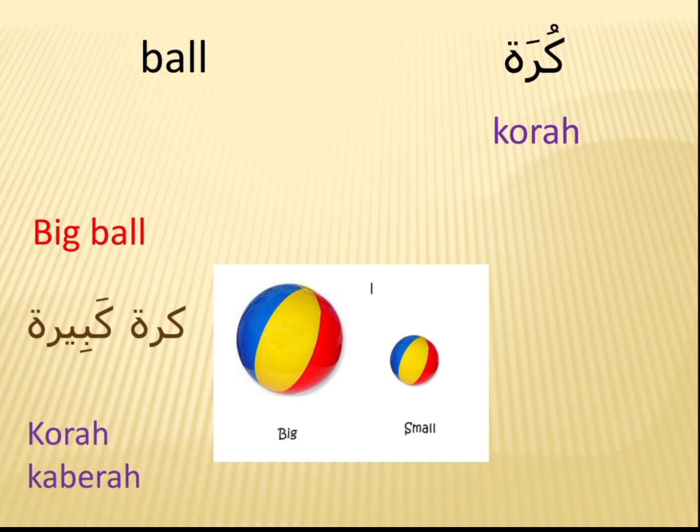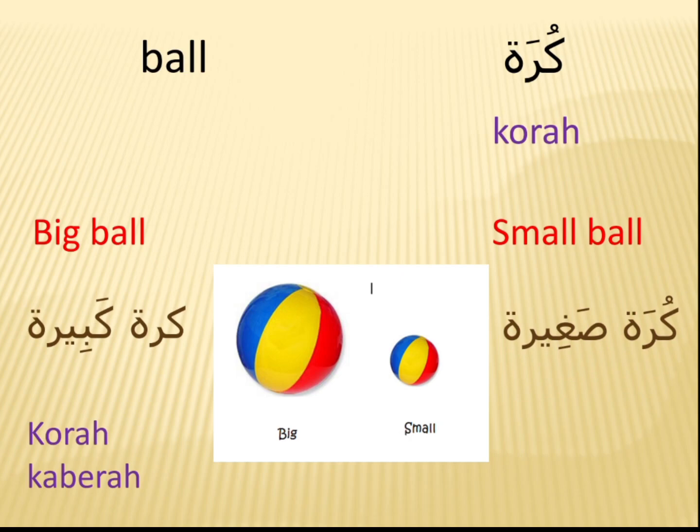On the right, there's a small ball. كرة صغيرة. So now we added the word كرة to our vocabulary list. كرة is a female word. Take female adjectives like كبيرة or صغيرة.